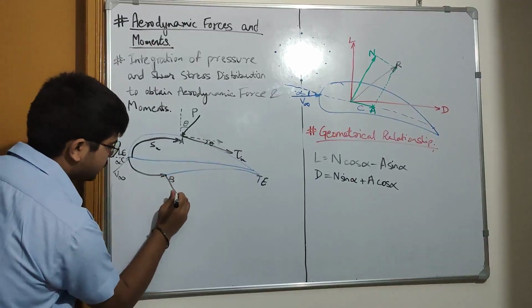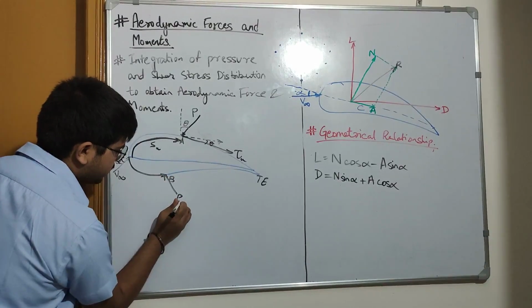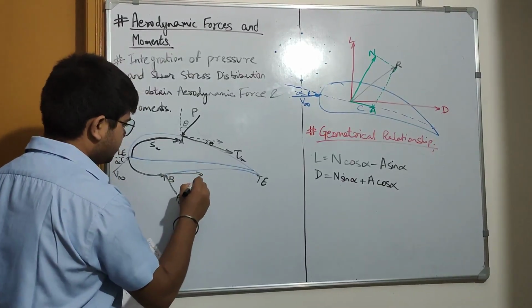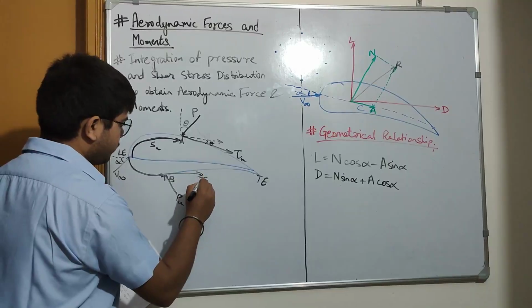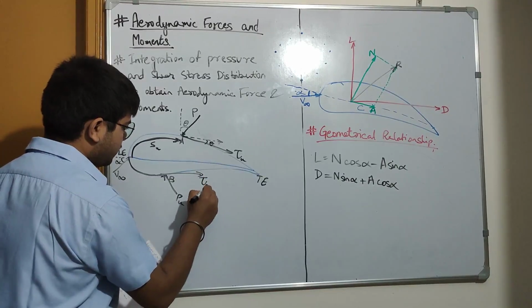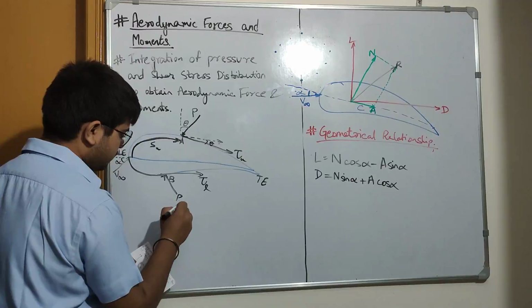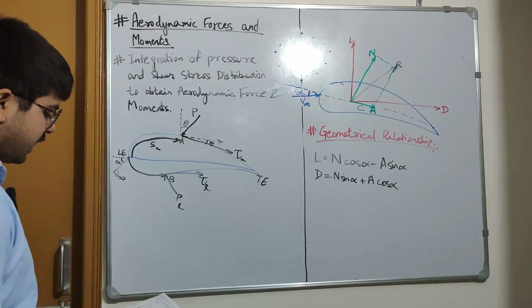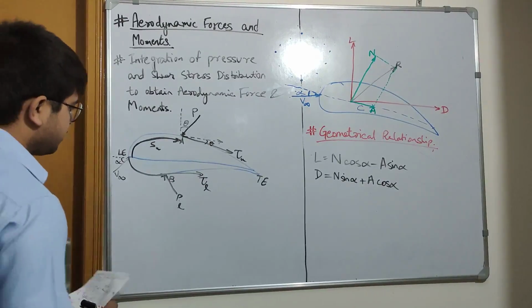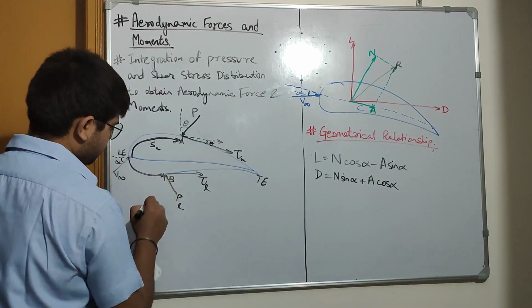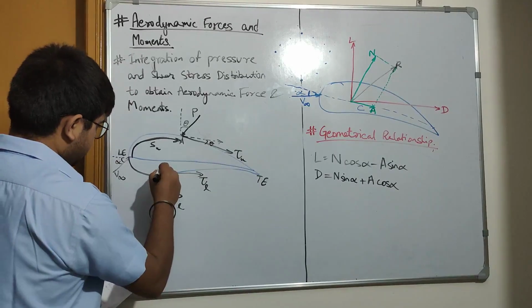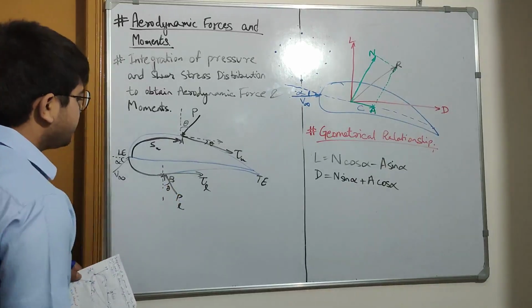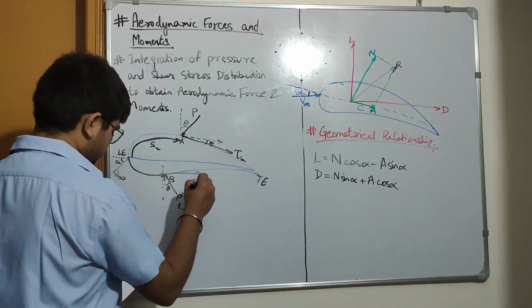One is normal to the surface, this is P L, and one would be tangential to the airfoil, that would be tau L. Sorry, this is L. These will be acting at an angle theta.